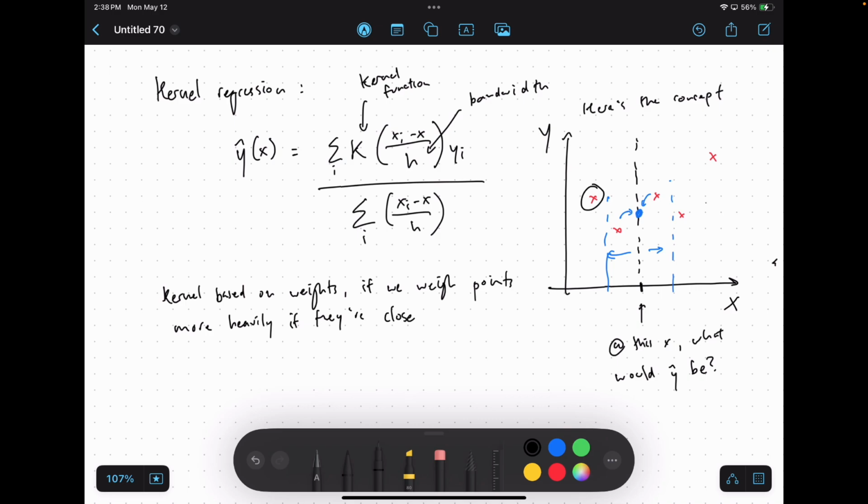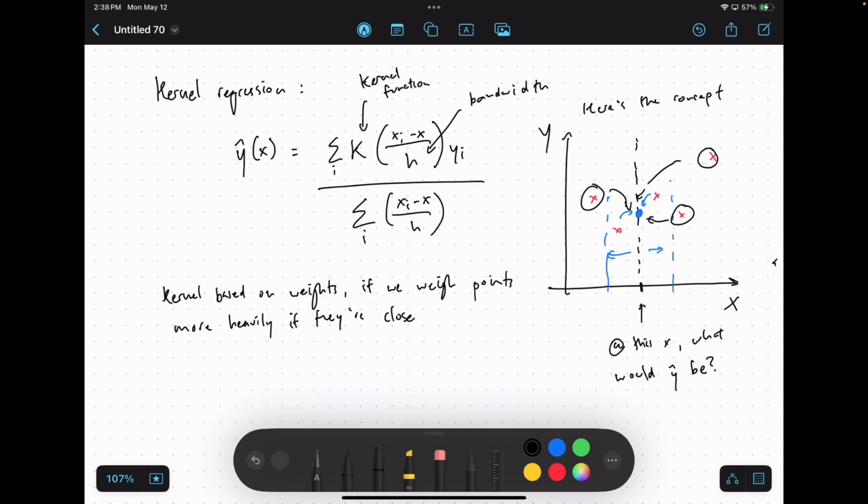And so these guys out here may have less of an effect on that point than the ones that are close. But if you choose to weigh everything equally, then what would happen to this point? It would actually get dragged up a little bit, right? Because it would just be the average of everything, right?